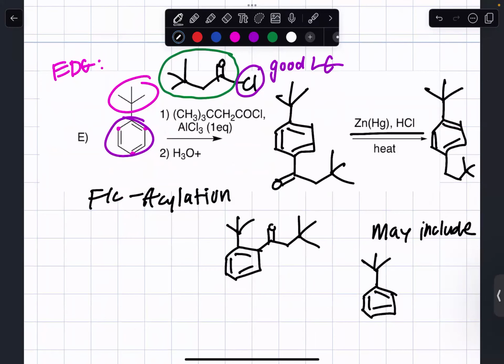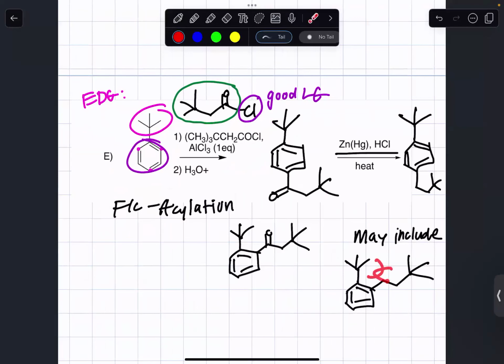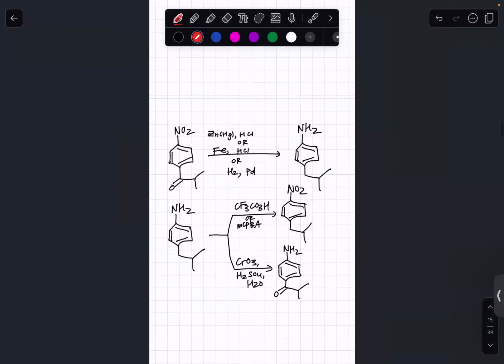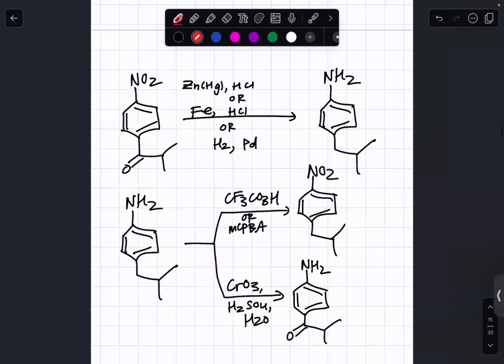This is the minor product here, the one that I'm drawing out for you guys, where there's more steric hindrance going on there. Minor. You guys can take a screenshot of these reactions where these are reduction and these are selective oxidation.